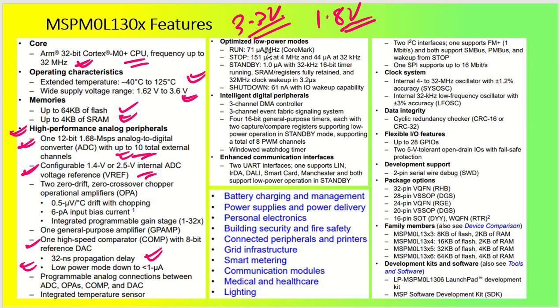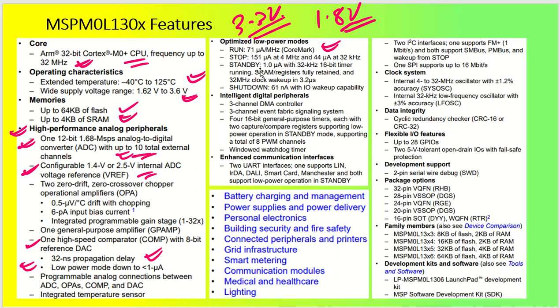Coming to the optimized low power modes, it takes just 71 microampere per megahertz. In my experience till now, this is the microcontroller with the lowest power consumption in running mode. It has a stop mode at 151 microampere at 4 megahertz.